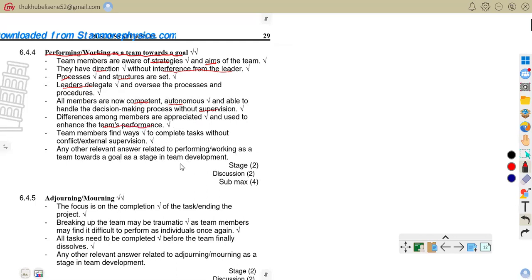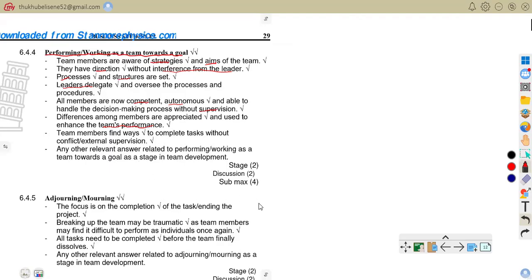Unlike in the storming stage, where differences were not appreciated and there were conflicts, now the differences are respected, and they know the differences are going to contribute positively towards the team's performance. Team members find ways to complete tasks without conflict and external supervision.